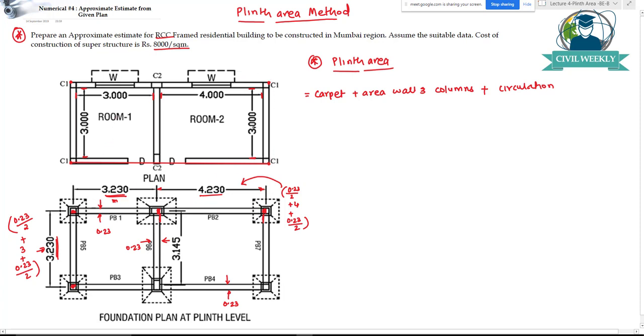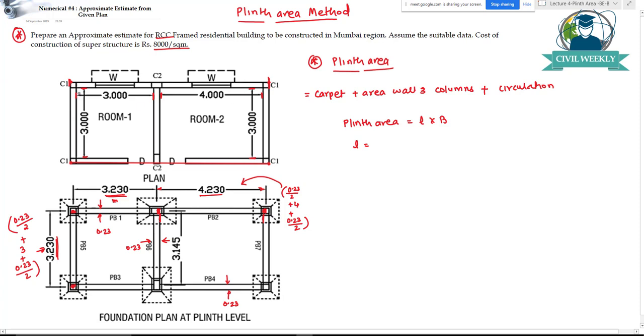Here we have to find the length and breadth. Plinth area will be equal to L into B. First we find the length; we will consider this horizontal wall as the length. What will be the total length of this wall, from this point to this point?